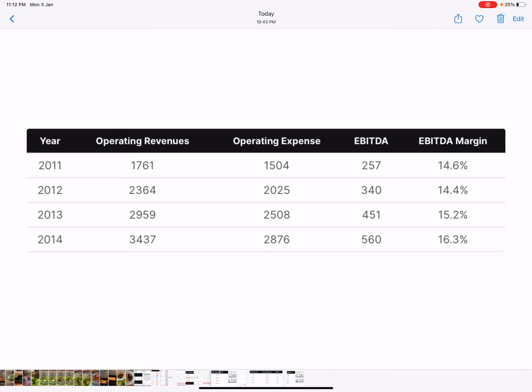This translates to a 4-year EBIT growth rate of 21%. Please note, we have discussed the formula for CAGR in earlier videos. Clearly, both EBIT margin and EBIT growth are quite impressive.